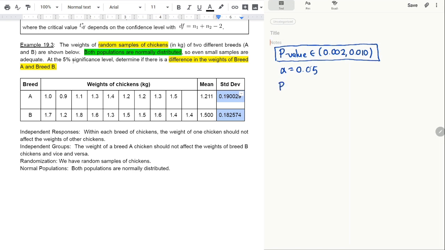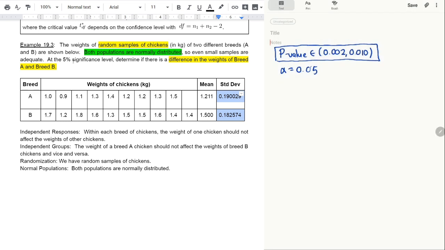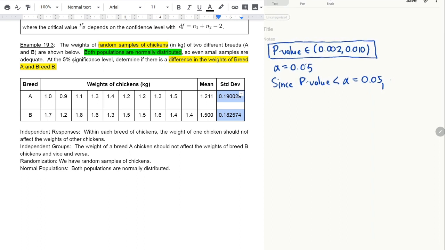And now, since the p-value is smaller than alpha, okay, so the p-value is bigger than 0.002 but smaller than 0.01, the p-value is going to be smaller than 0.05. So because the p-value is smaller than alpha, we will reject the null hypothesis.